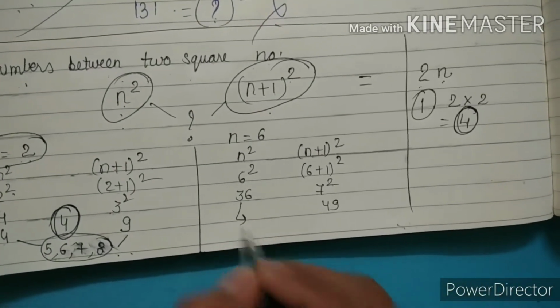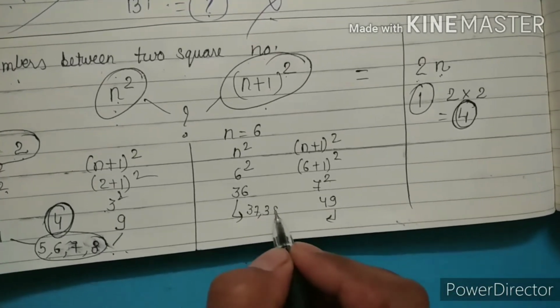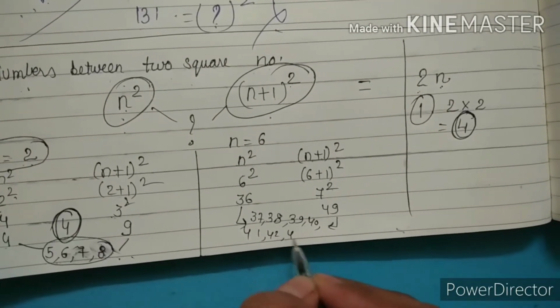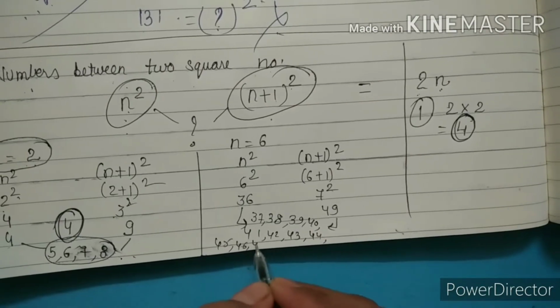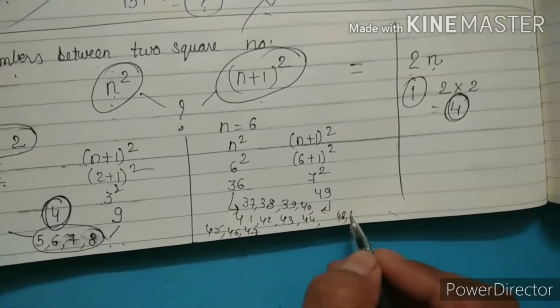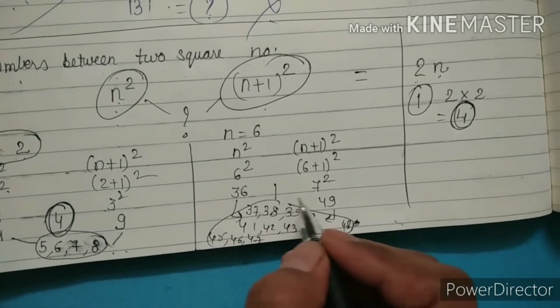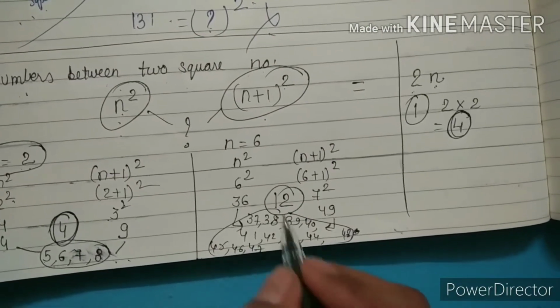Between 36 and 49, how many numbers? 37, 38, 39, 40, 41, 42, 43, 44, 45, 46, 47, 48 only. When we count them, there are 12.